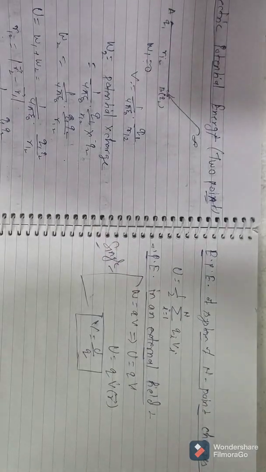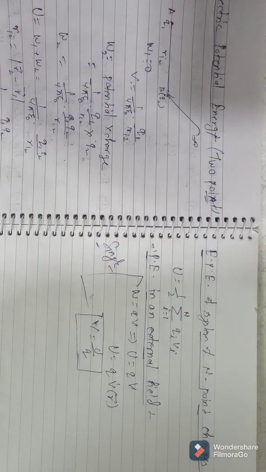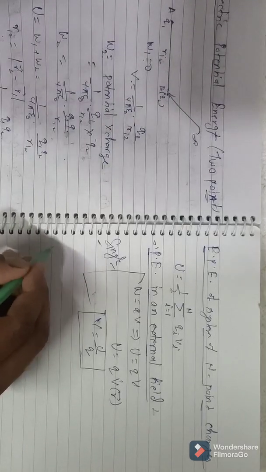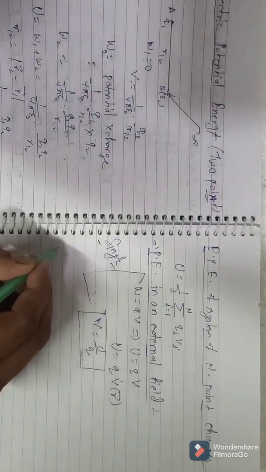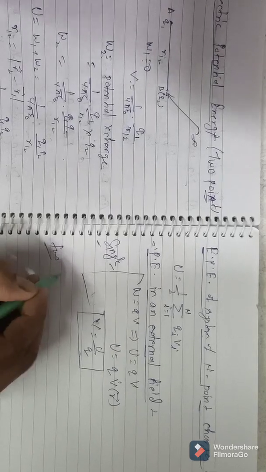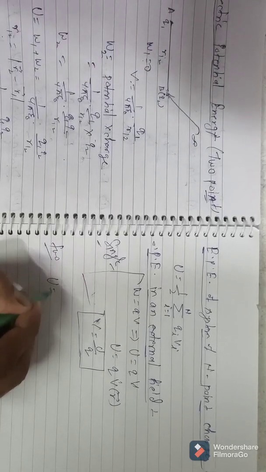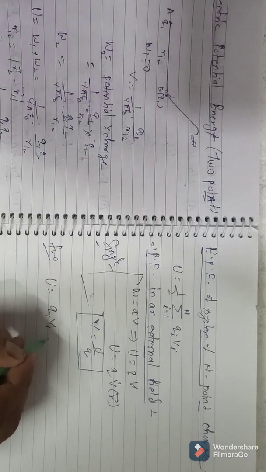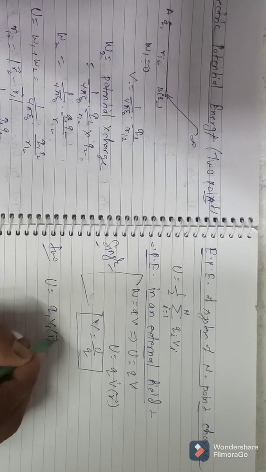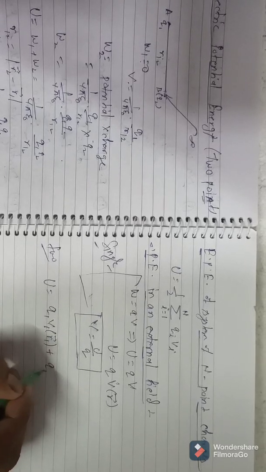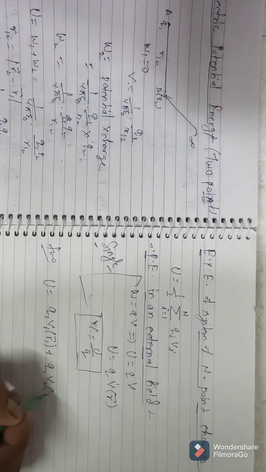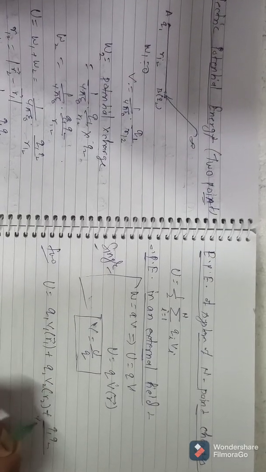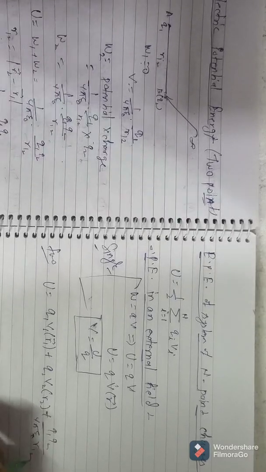Now suppose there is a system of 2 charges, then what will happen? If it is a system of 2 point charges, then the final result will be U equals Q1 V1, where the first particle is at distance R1, plus Q2 V2, the second particle at distance R2, plus Q1 Q2 by 4 pi epsilon naught R12.